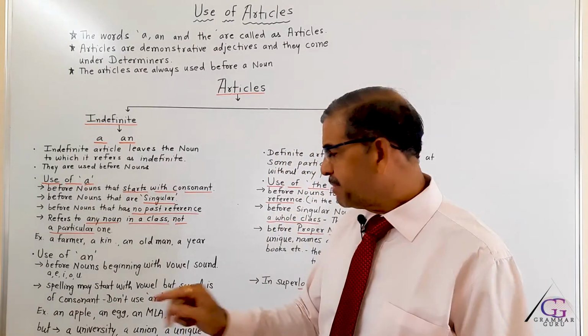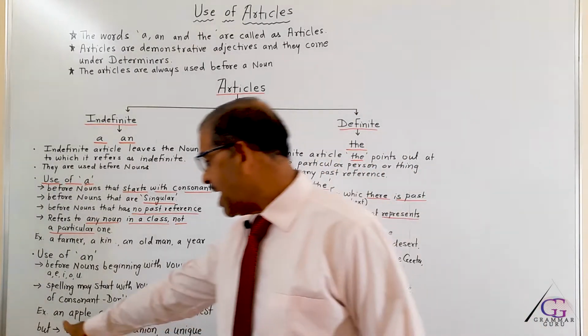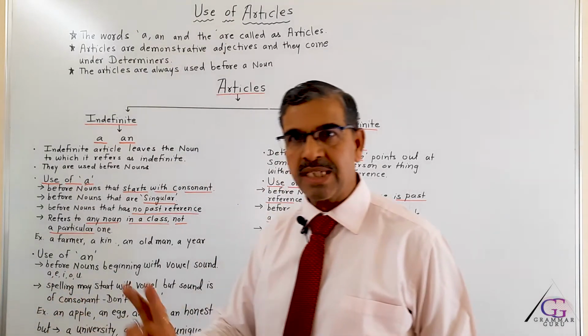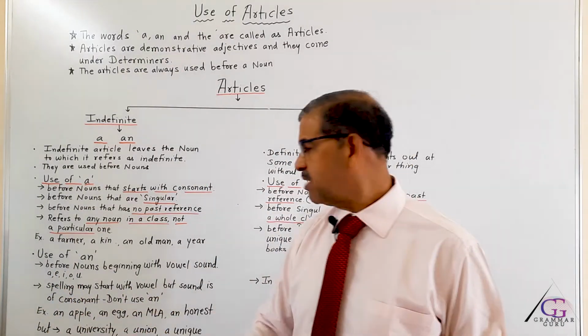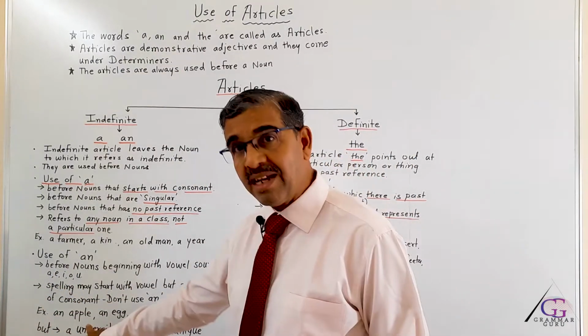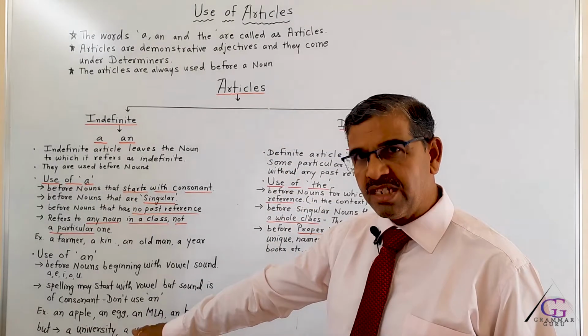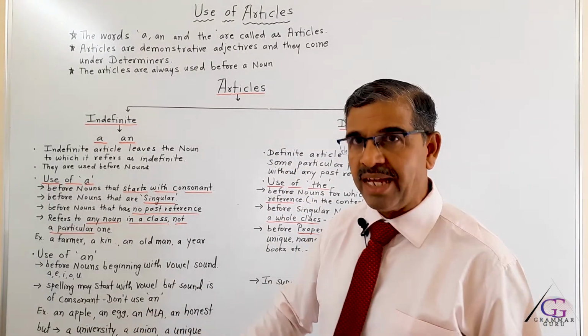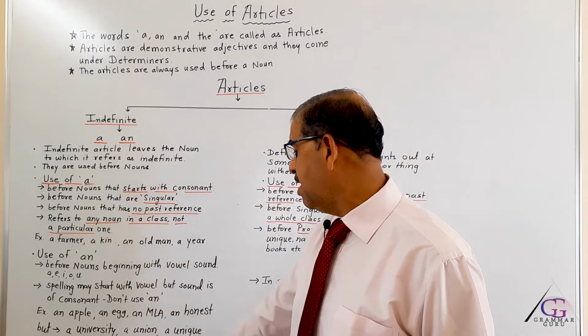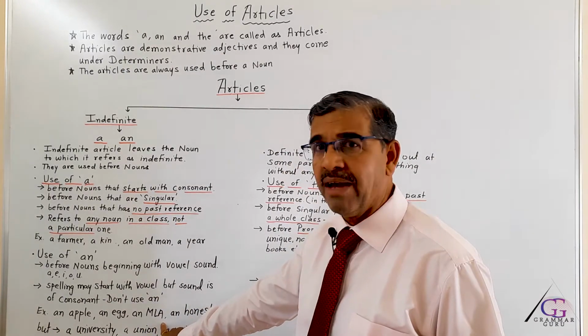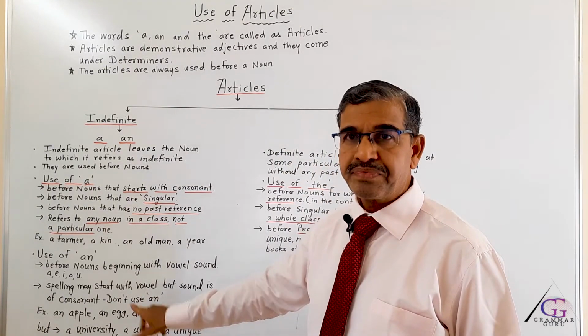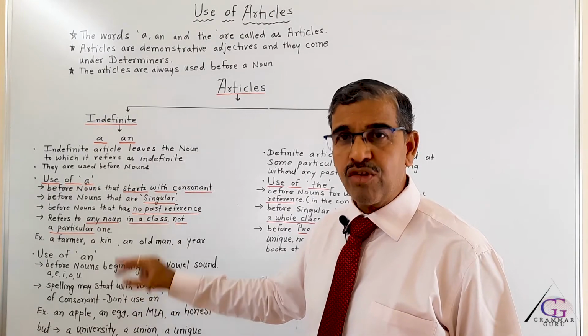For example, I have given a few words. Say an apple. In that case, a is a vowel sound, so an apple is correct. An egg is correct because e is the vowel there and the sound of a is also a vowel. Then an MLA I have written, if you can see through, MLA is actually a post.